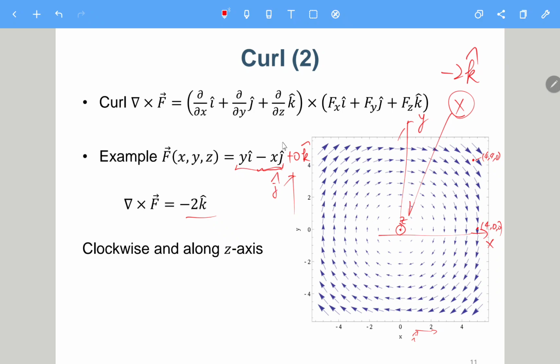If you take the curl of this vector field and it turns out to be negative 2k, then you know the F vector field is rotating along the z axis, since k hat is the z axis, and it is rotating clockwise because of the negative sign.